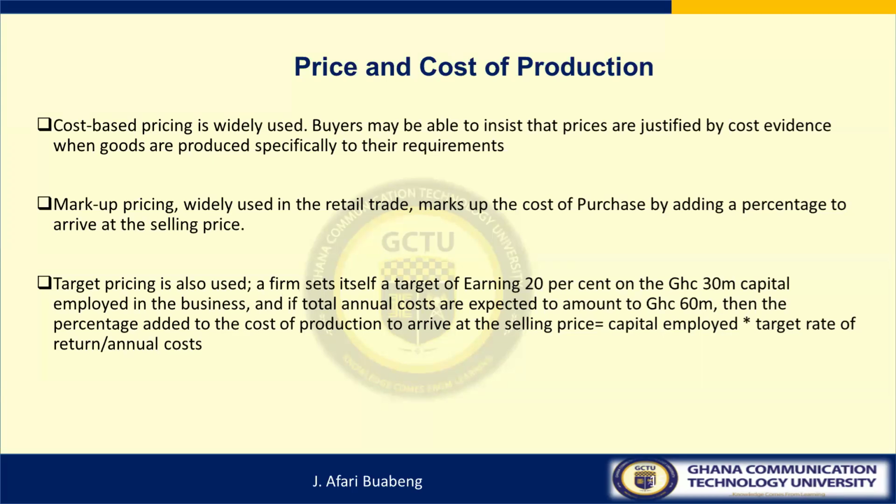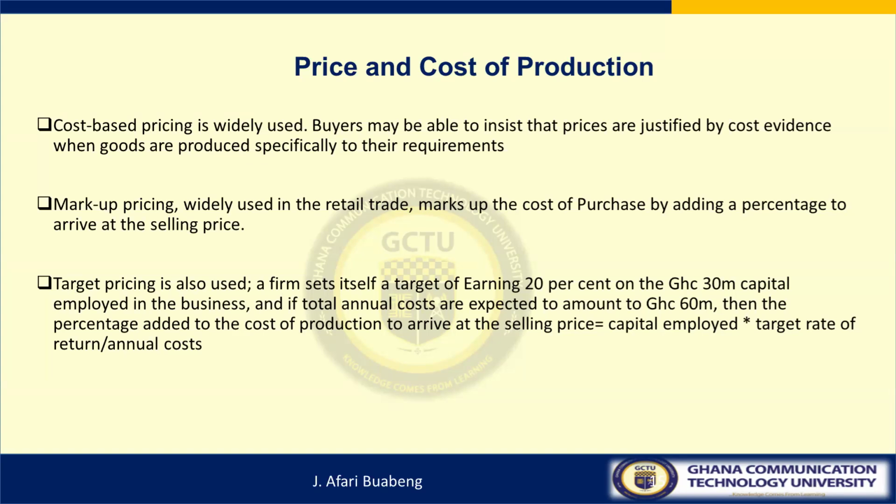Obviously, in determining the final price, it will show somewhere, because the one that incurred, let's say, 10 cedis cost of producing the item, if the person decides to even sell the item for 10 cedis, why?